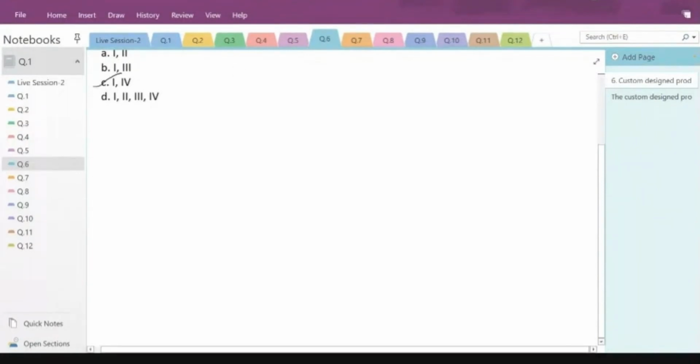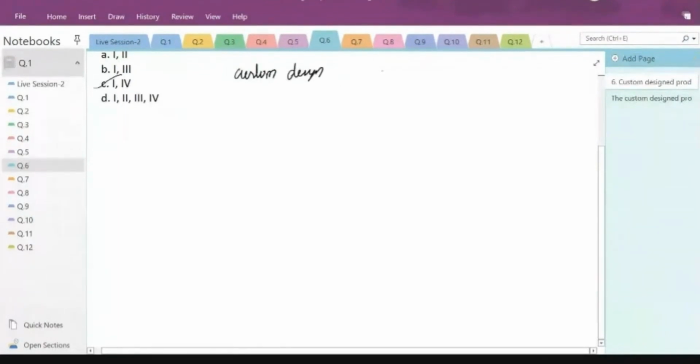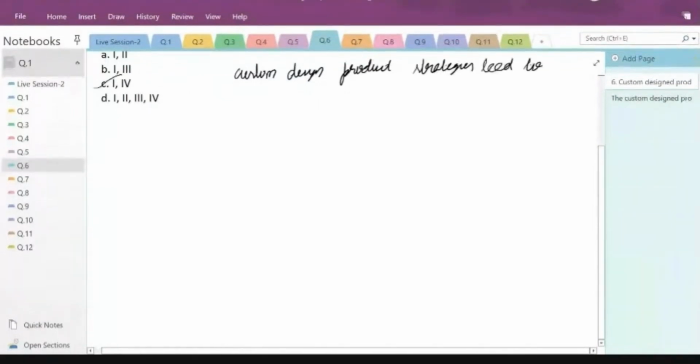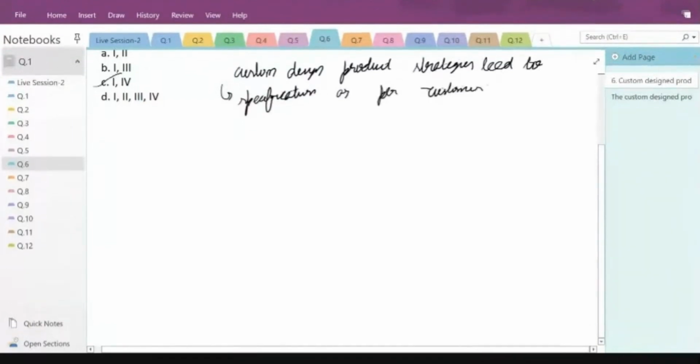Custom design means specification as per customer needs.